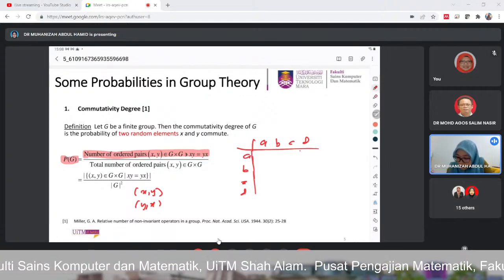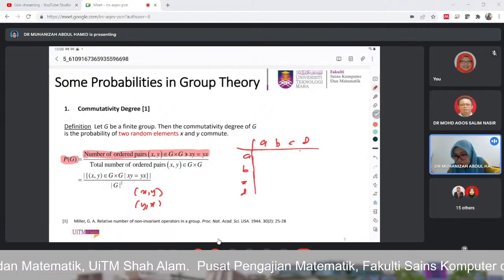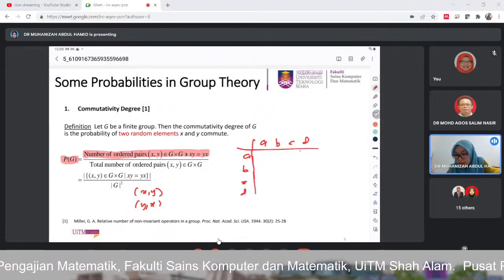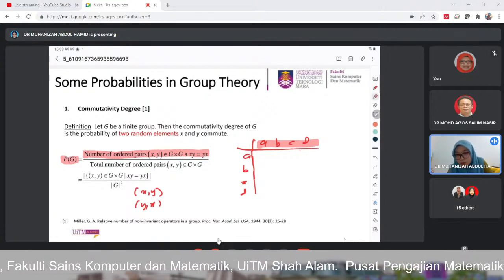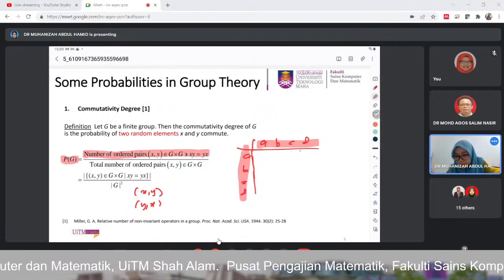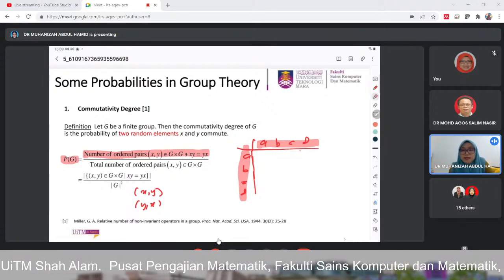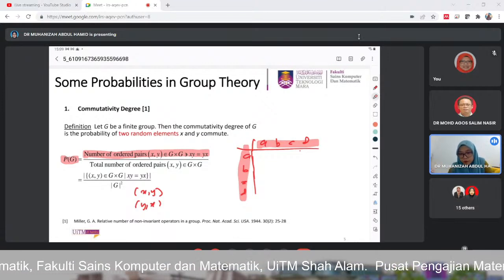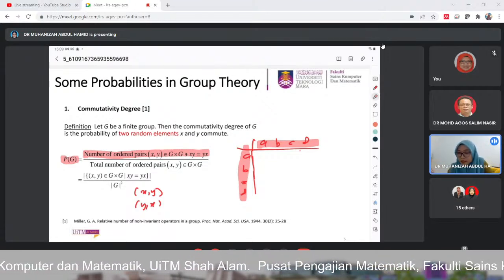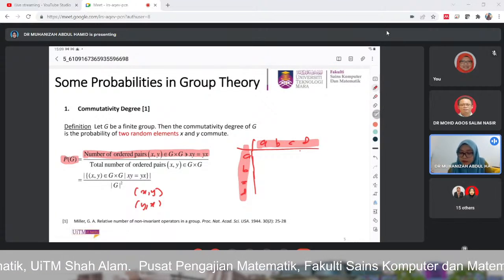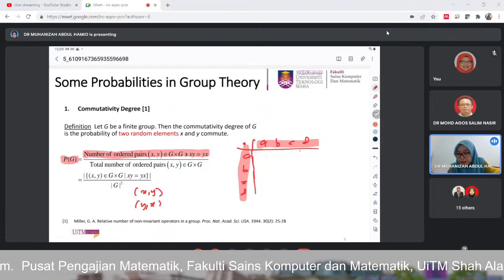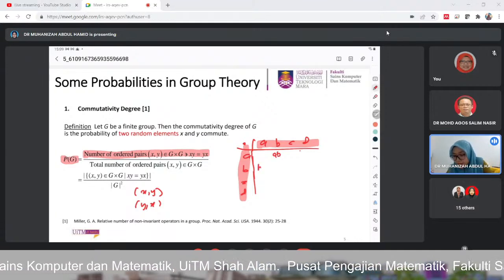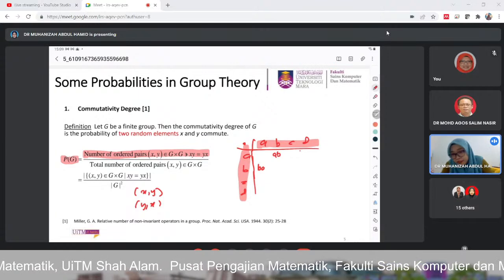To construct a Cayley table, we list out all elements of the group A, B, C, and D along the top row, and along the left column, and they are listed in the same order from left to right as well as from top to bottom. Let's say the operation in this group is multiplication. So A times B here, and B times A here might be different.